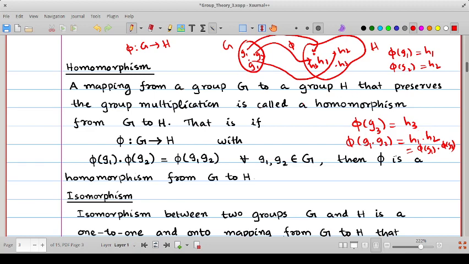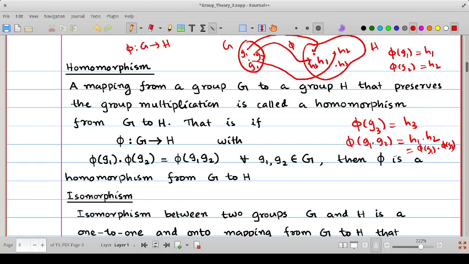So first of all, homomorphism is a mapping between two groups. So from G to H, say for example, the elements Gi are mapped to the elements Hi of the group H. So phi of Gi can be written as Hi.